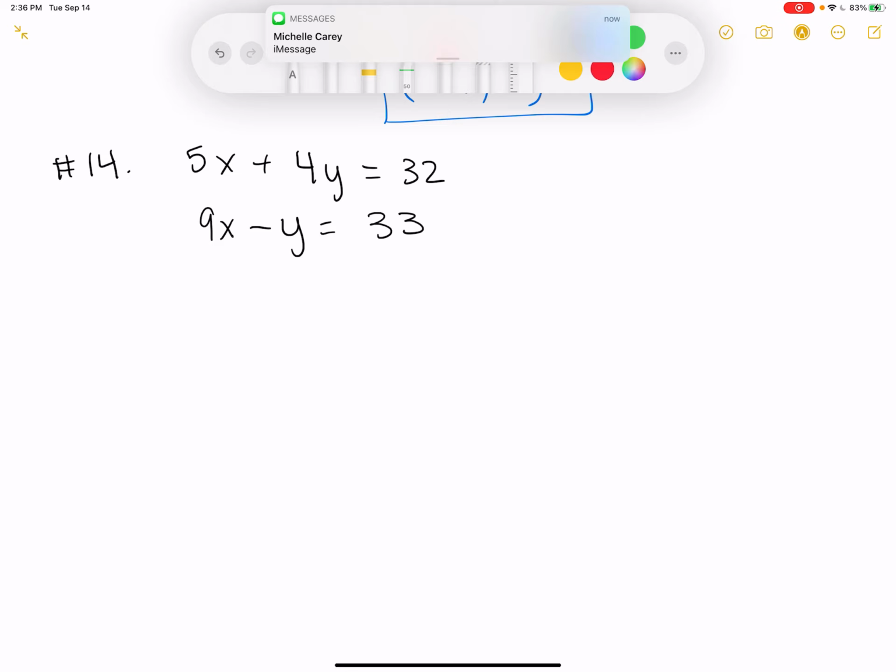So pick the variable that has a 1 or a -1 in front of it. That X has a 5 and a 9 in front of it. So the Y's have a 4 and the other one has a -1. So choose this one to solve for. You just got to make sure you divide by that negative sign or your answer will be off.